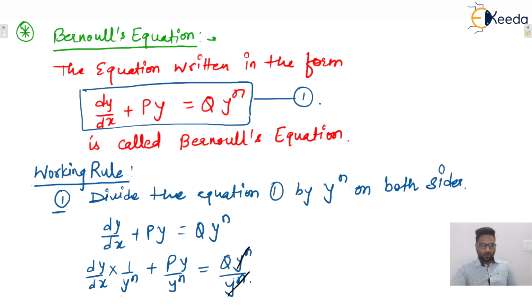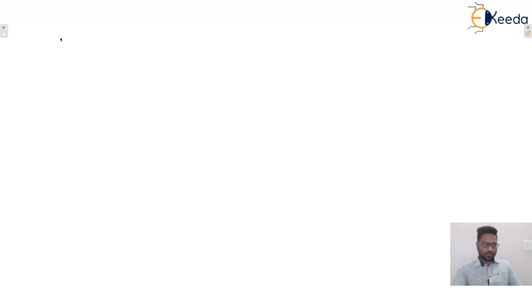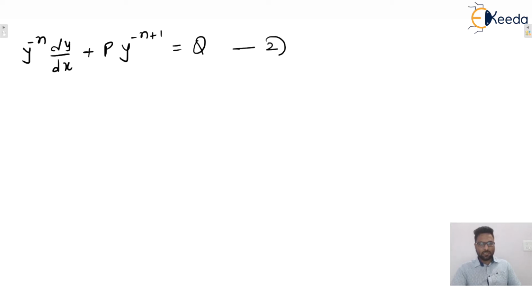Now the equation becomes dy by dx multiplied by y raised to power minus n, plus p into y raised to power minus n plus 1, equals to q. Let's say that is equation 2.